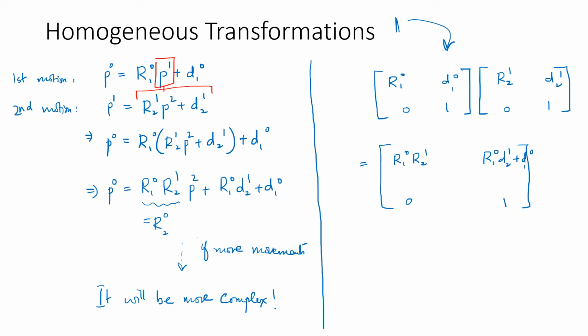Now you can readily observe in this particular case that this retains the structure. Homogeneous transformation is going to have the vector of all zeros over here, 0, 0, 0. It is going to have 1 over here, which is consistent with the earlier transformations that you have observed.